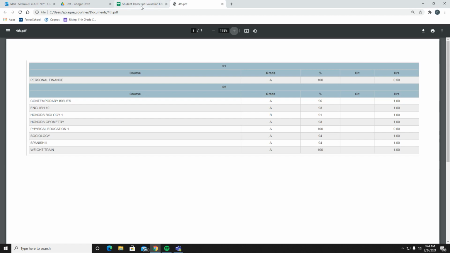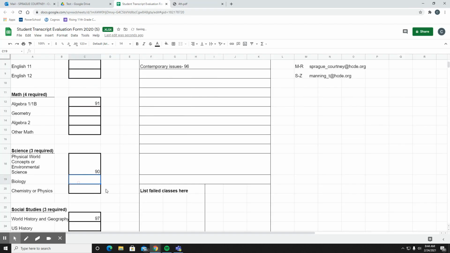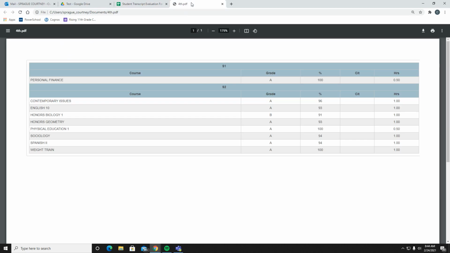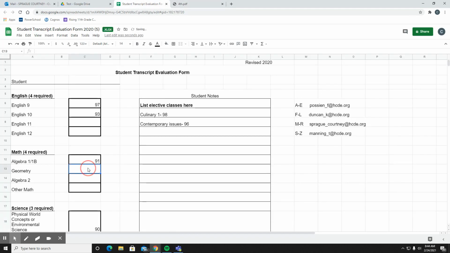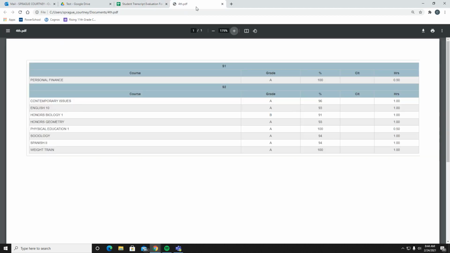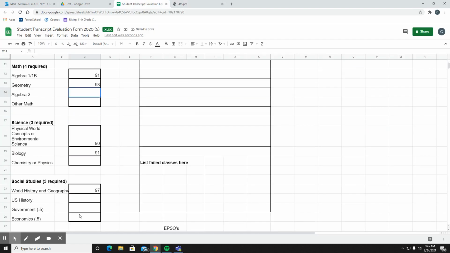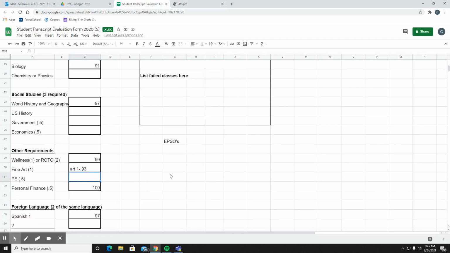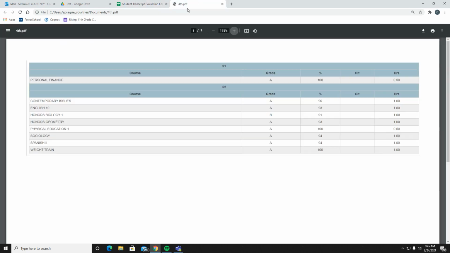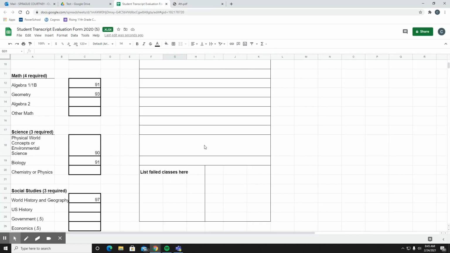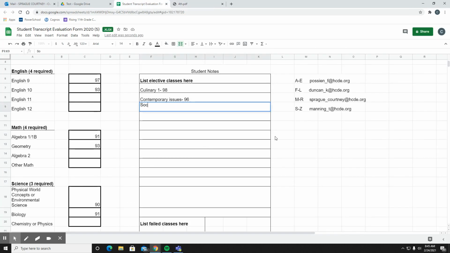Biology, 91. Geometry, 93. PE, 100. And again, you'll see that was a half credit, but only a half credit is required. Sociology, we got a 94. Sociology is one of those electives.